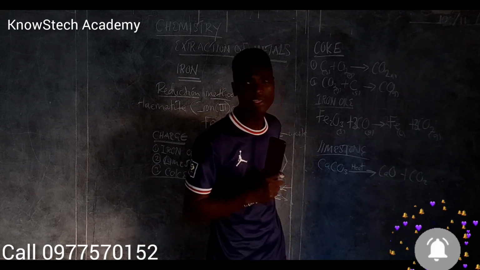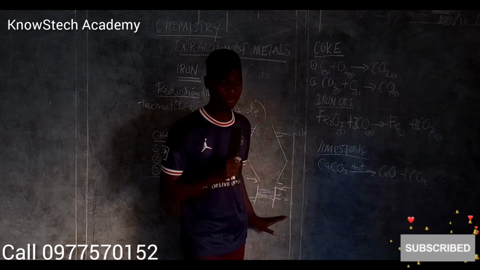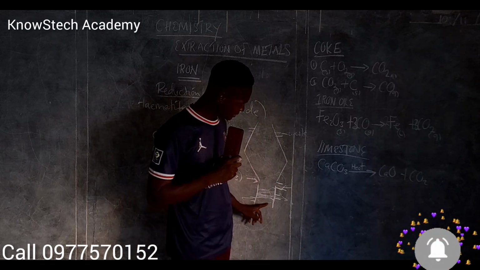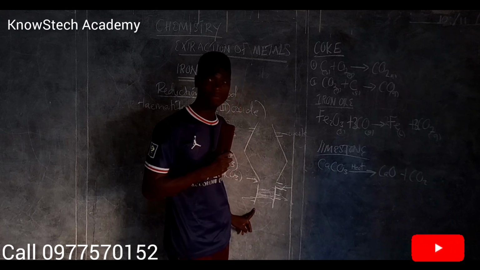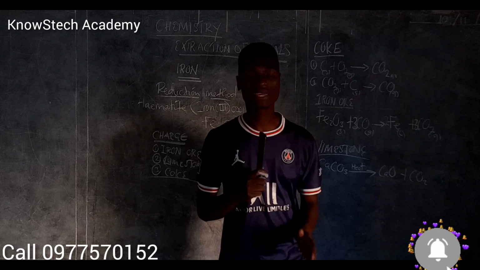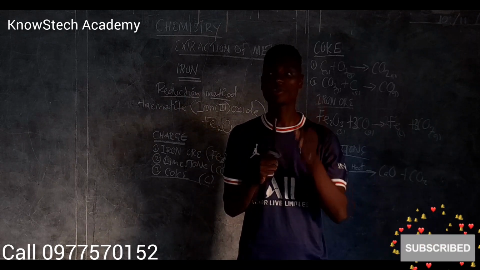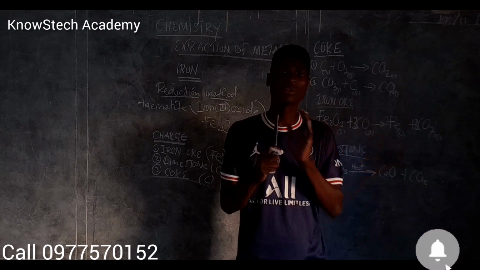Then iron. Now the iron here, we can't just look at uses of iron here, because the iron that is collected here is not pure iron. It is called pig iron. Pig iron, the most impure form of iron, is not pure.